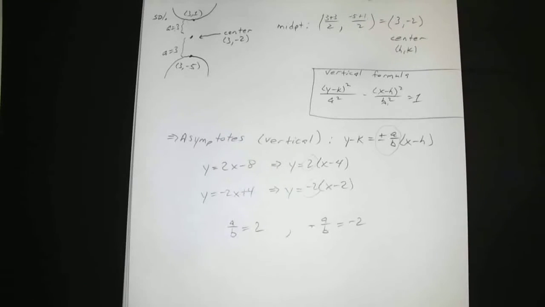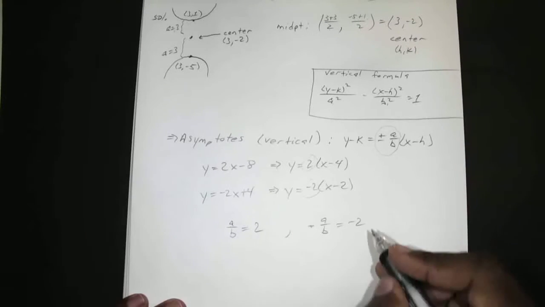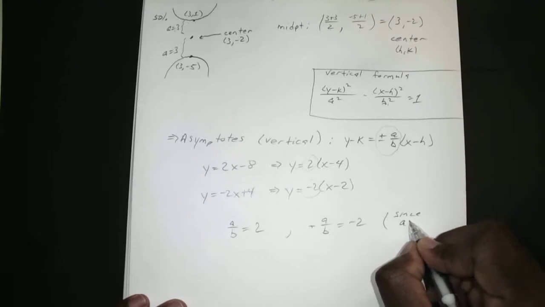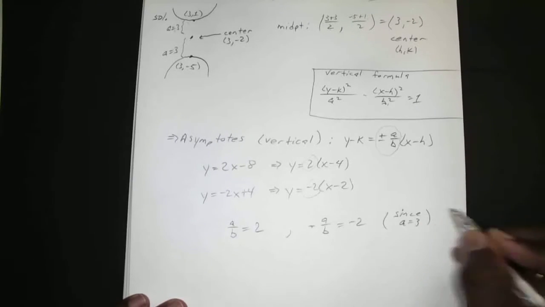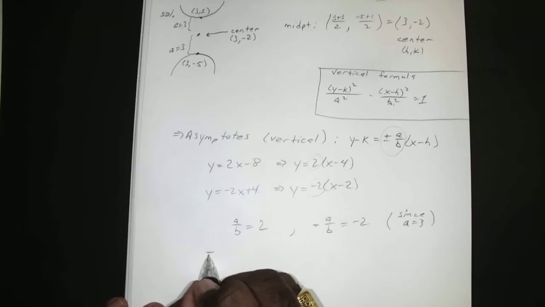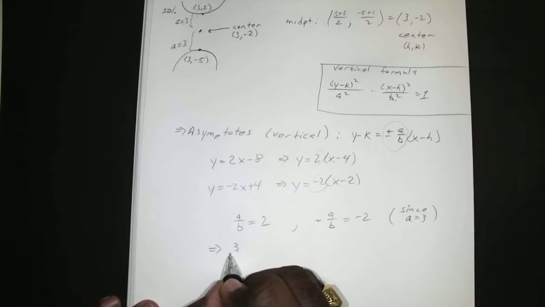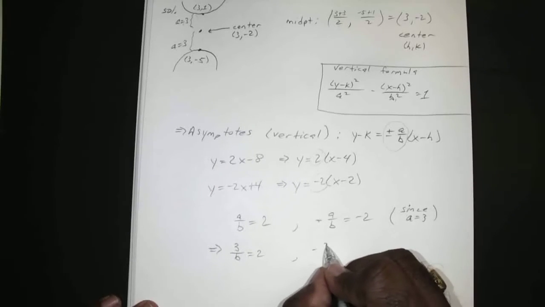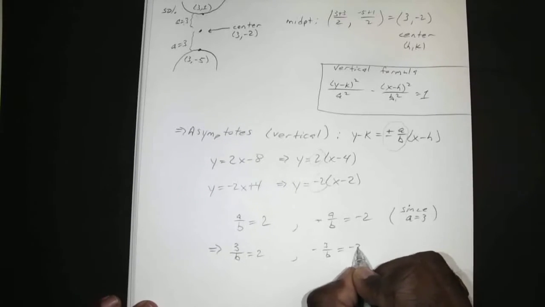Okay. Now for that one, we already have our a, which means if we plug in our a, we can just solve for b. Okay. So since a is equal to 3, that makes 3 over b equals 2. And negative 3 over b is negative 2.